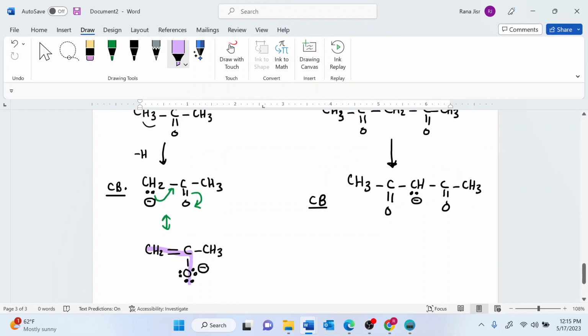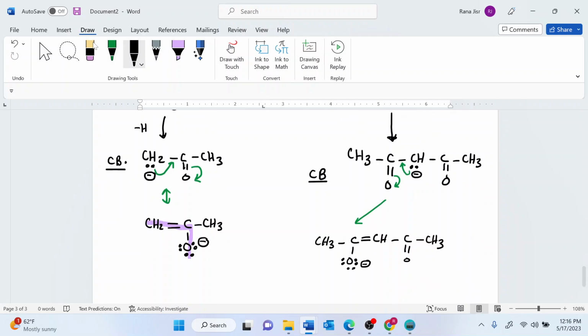On the other hand, if I want to draw the resonance structure here, I do have two resonance structures because the lone pair can move this way, giving the oxygen a negative charge. So I'm going to end up having my first resonance structure here with the negative charge on the oxygen rather than the carbon. This is a carbon double bond O and the CH3.